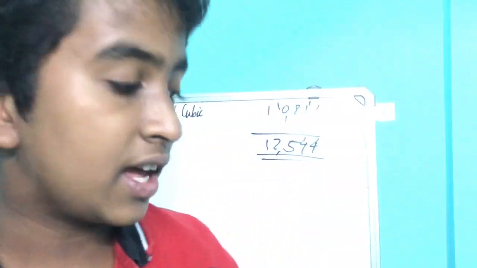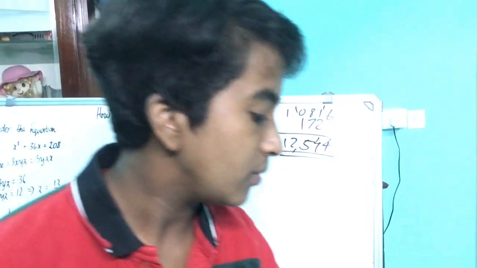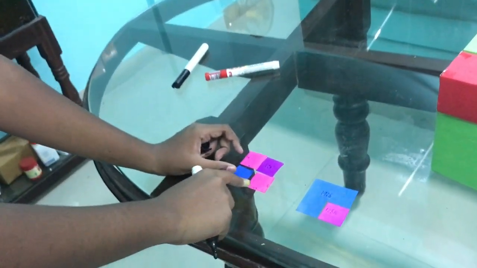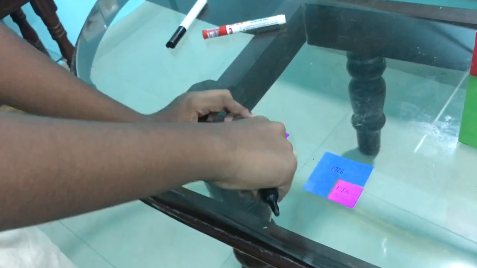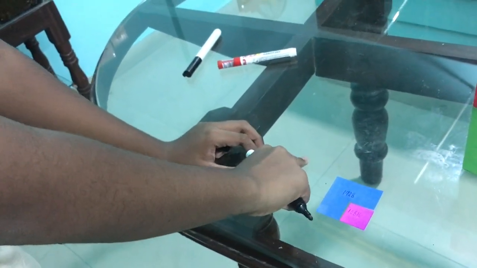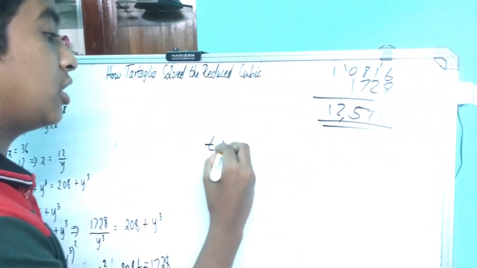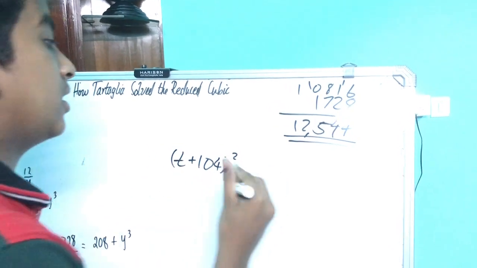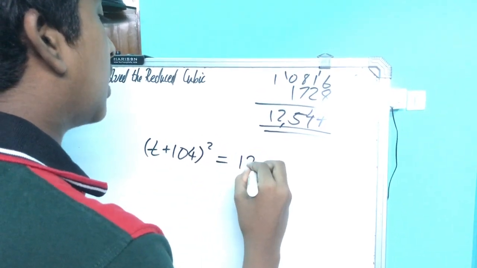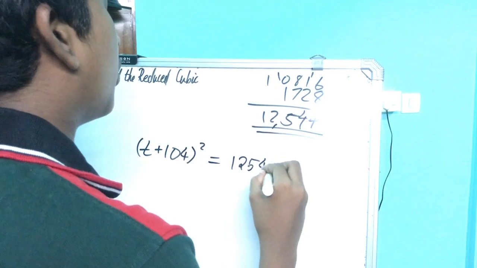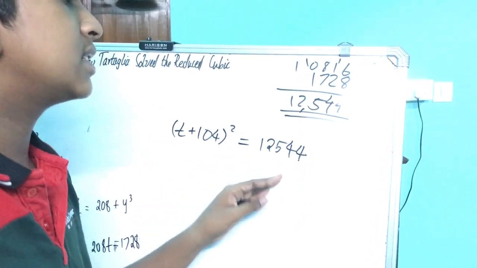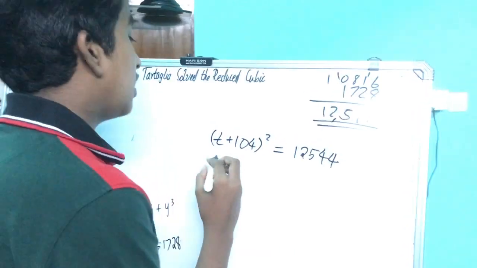And the area of the LHS is, we see that this side is t plus 104 and this side is t plus 104, so this is in fact a square, and the area would be t plus 104 the whole square, because this is the side, is equal to 12,544. And as it turns out, this is a perfect square.